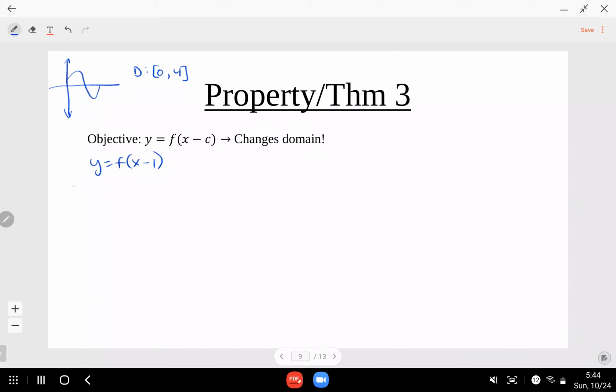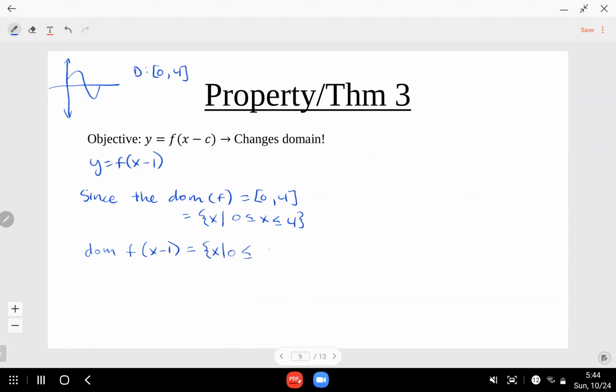Since the domain of f equals 0 to 4, which equals, if you want to put it in a set, 0 like this, then the domain of f of x minus 1, that would equal what? This, right?